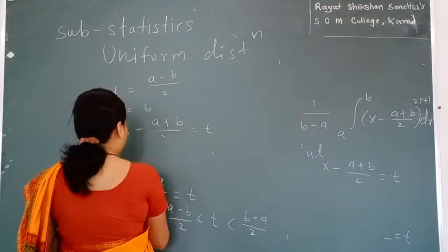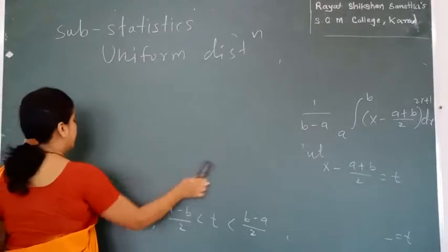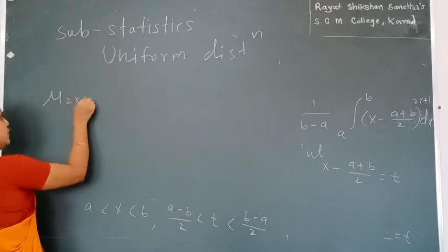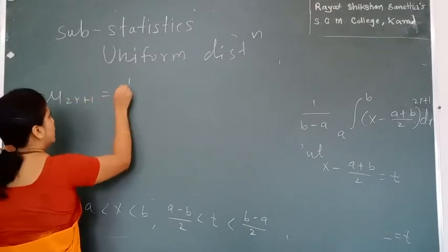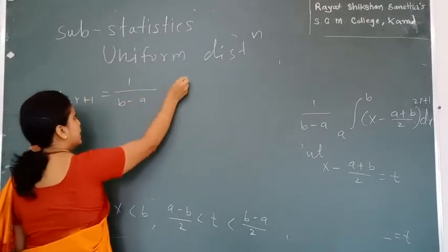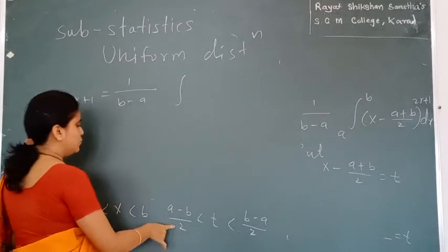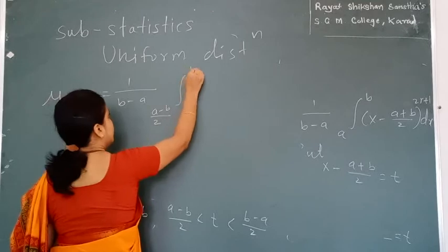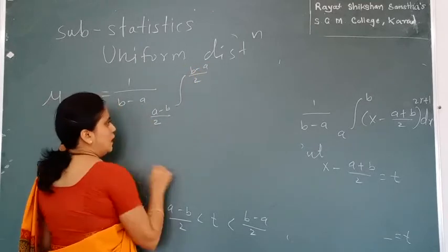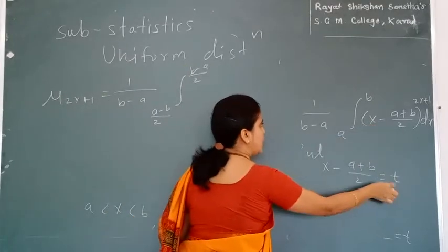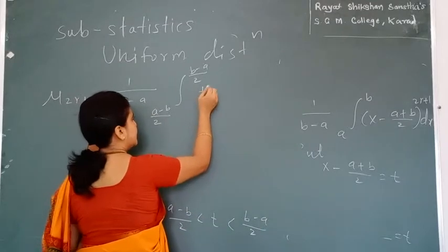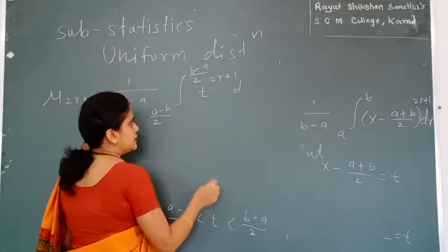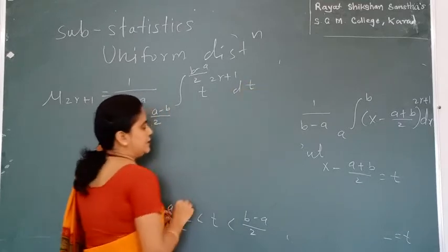Now we put these values in the integral: mu 2r plus 1 is equal to 1 divided by (b minus a), with the new range (a minus b) by 2 to (b minus a) by 2, of t raised to 2r plus 1, and instead of dx we put dt.